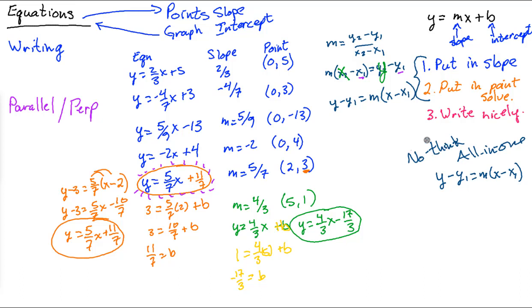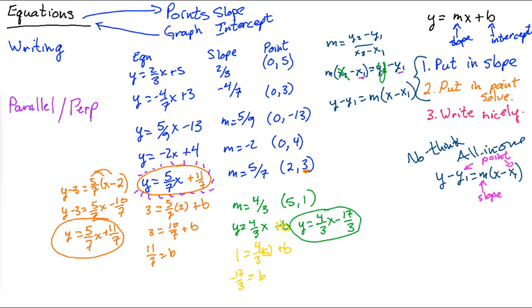You don't have to think about putting this guy in for x and y and then rewriting it. No think, all in one. You stick in, notice what it has here. Let's highlight this with a nice pretty color. It has the slope, and it has the x1, y1 as a point. So the official name for this form of a line is the point-slope form.